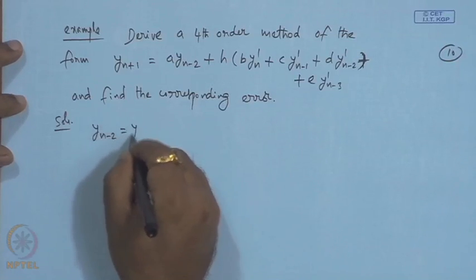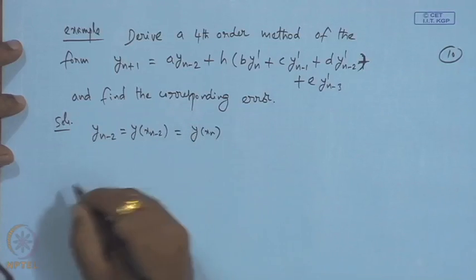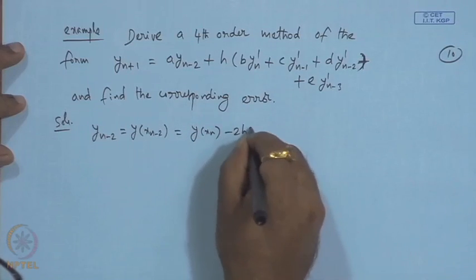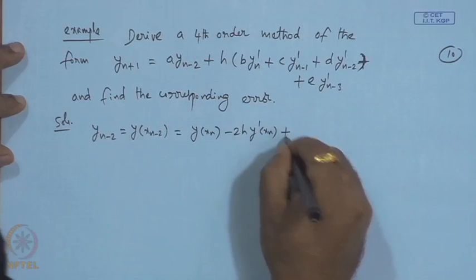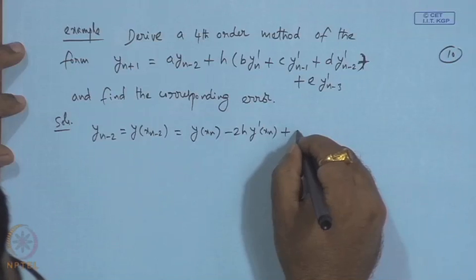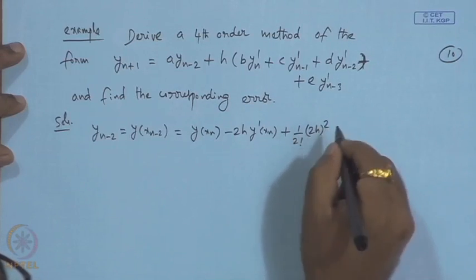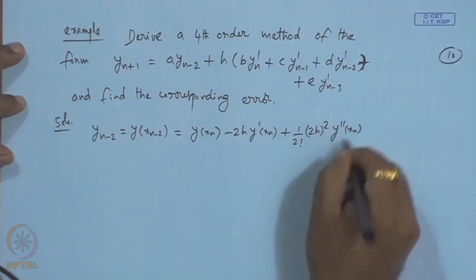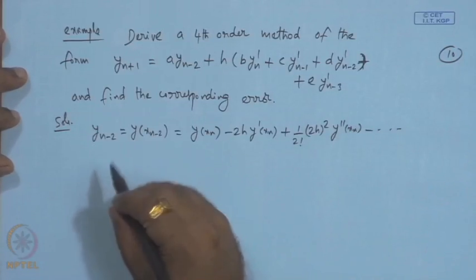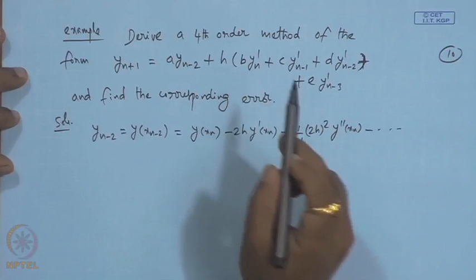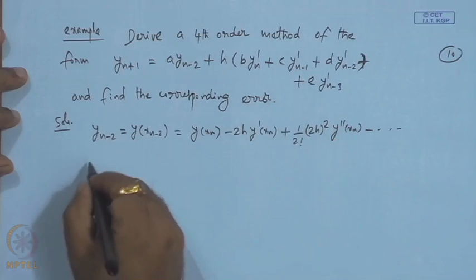So, this is y of x n minus 2 h y dash of x n plus 1 over factorial 2 h square y double dash of x n minus, okay, next y n dash keep as it is, then y n minus 1 prime.